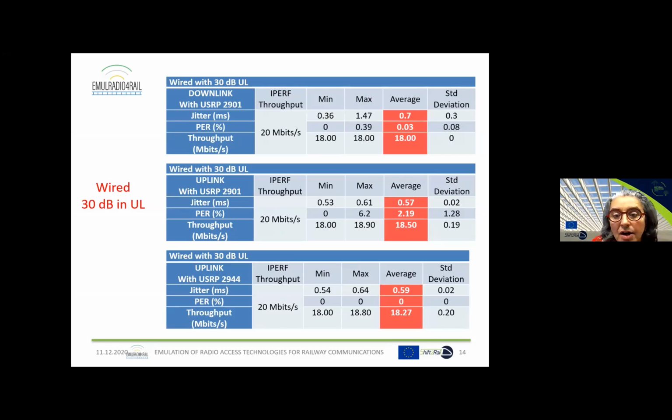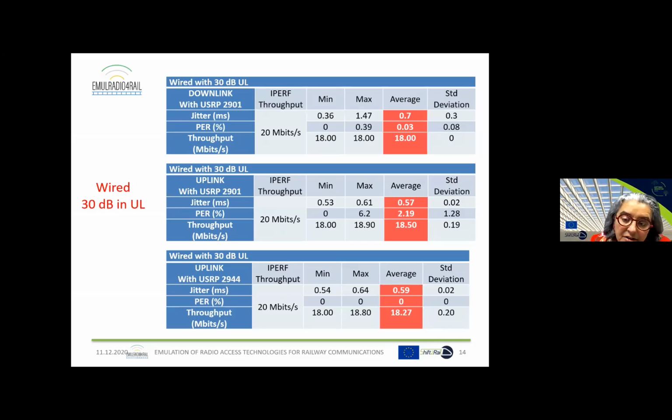So here you have the comparison on the last two tables. For example, we have the uplink comparison with USRP 2901 and USRP 2944 with 20 megabit per second.